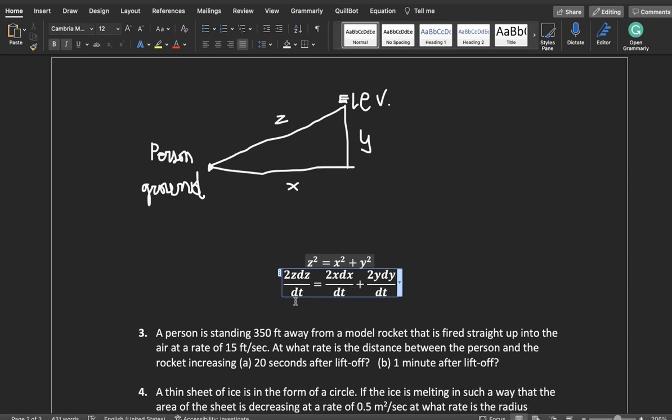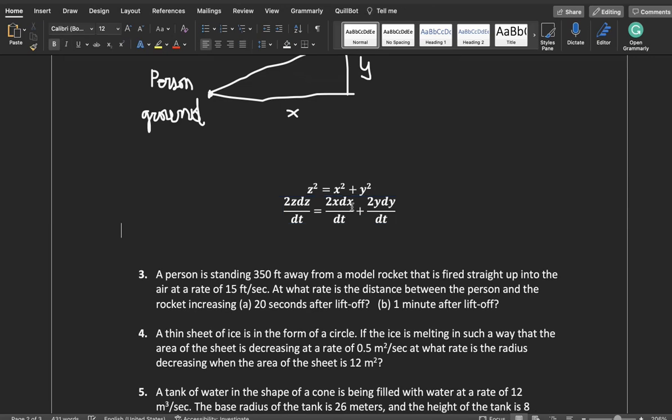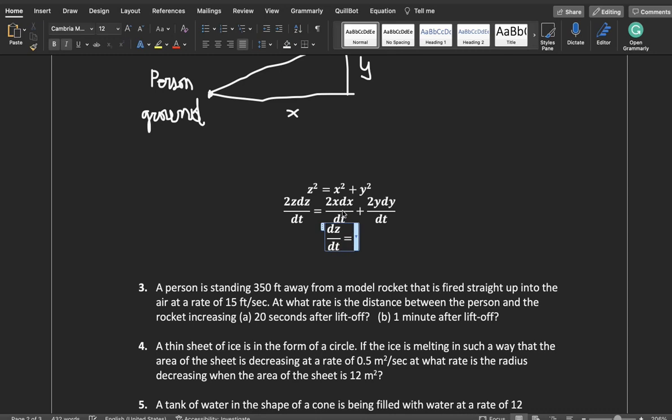Now remember, we're trying to find dz over dt. When solving for dz over dt from the previous equation, if I simplify dx over dt as x prime and dy over dt as y prime, what you get is, let me open a parenthesis, 2x x prime plus 2y y prime, all divided by 2z.